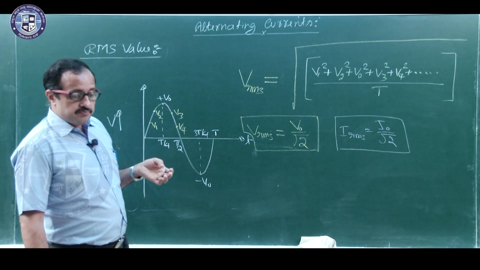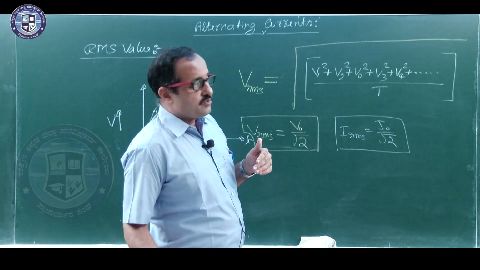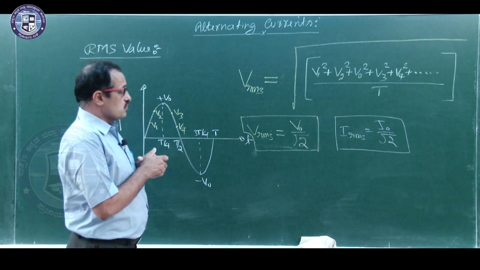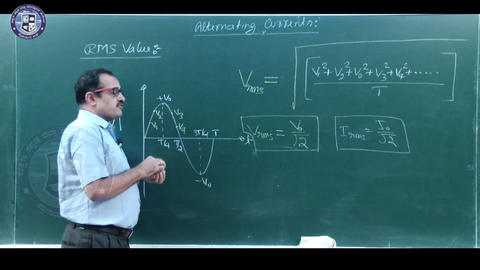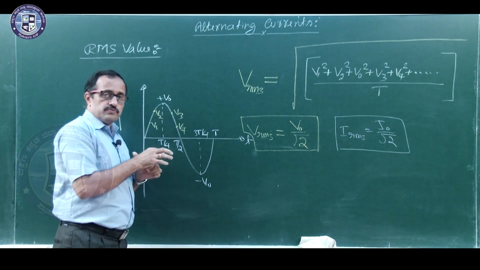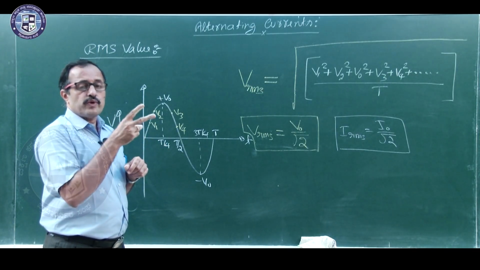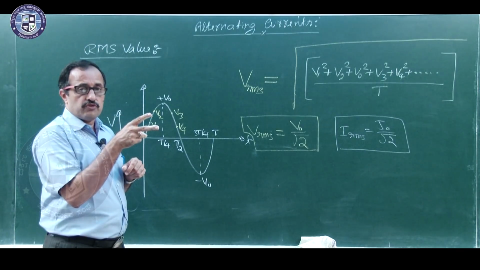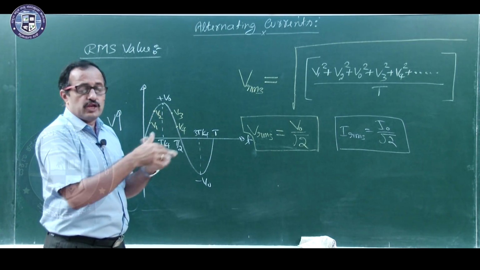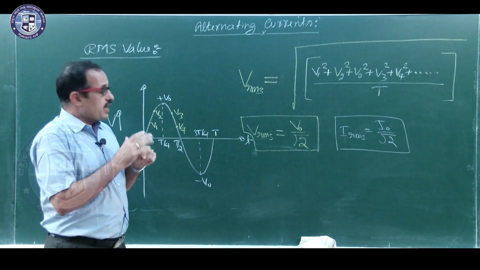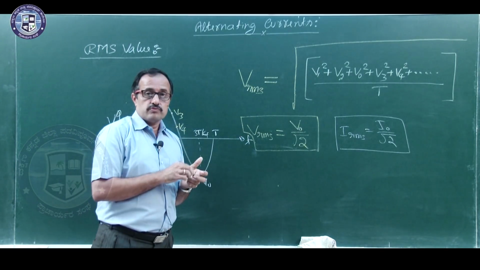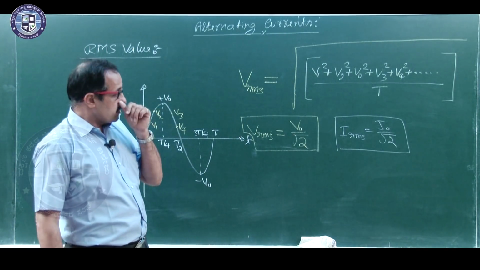And in exams or even in entrance exams, you can expect one more question. Instead of asking to write the equation for mean value or RMS value, they ask to write the relation between RMS value and mean value. What is the formula for mean value?